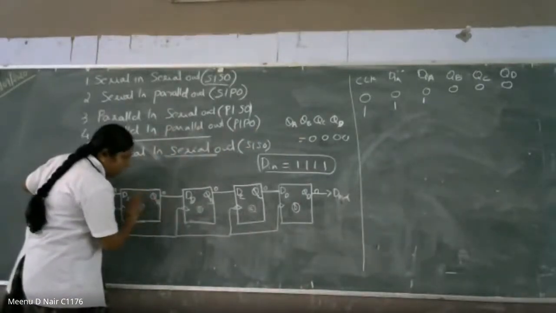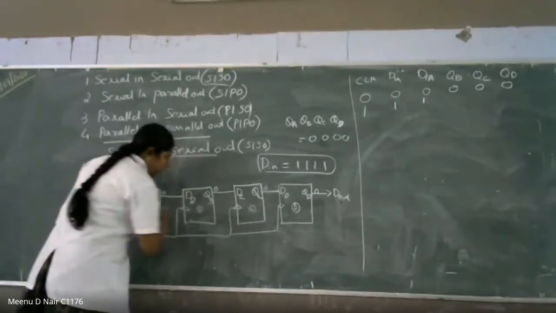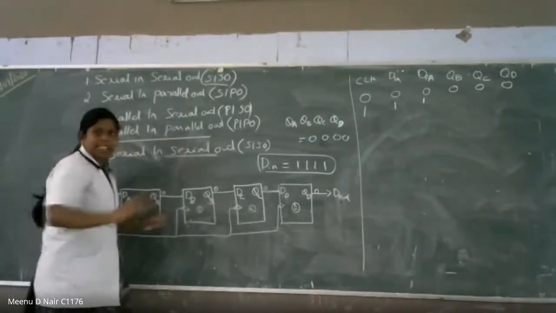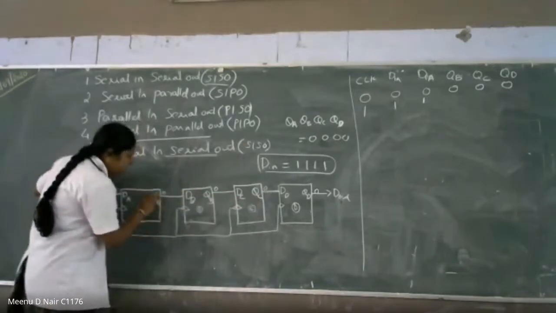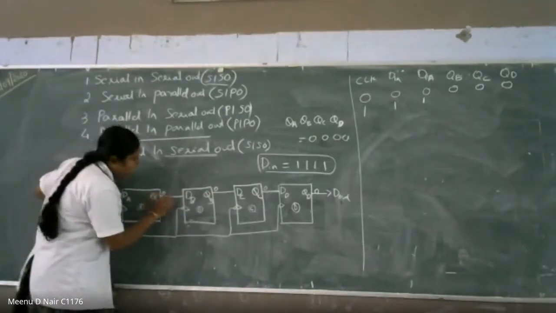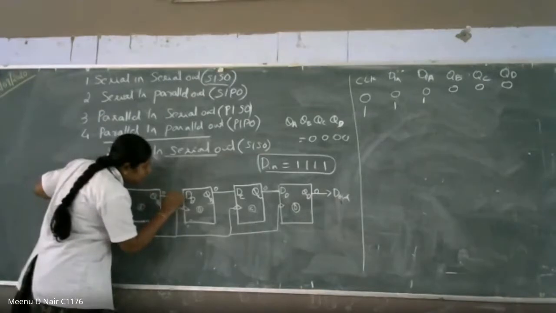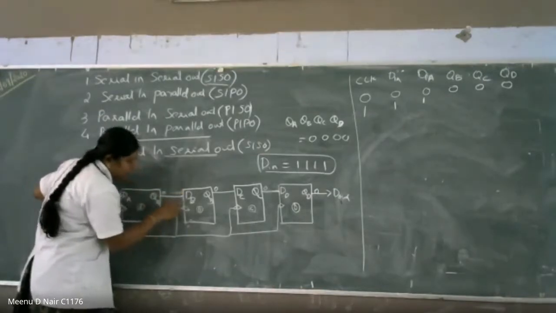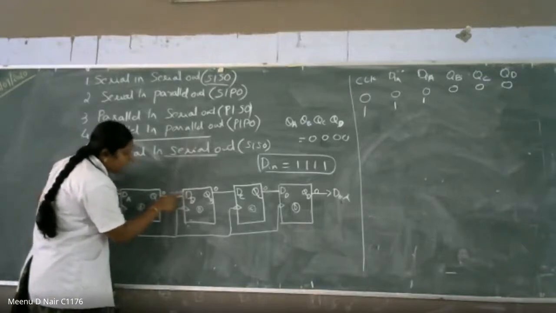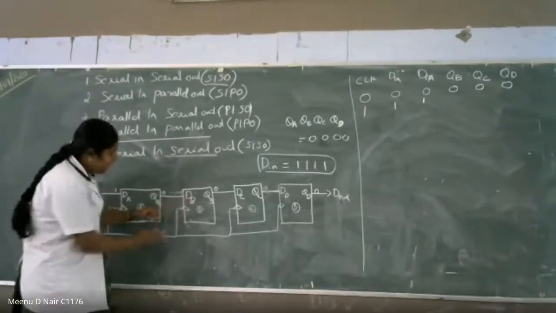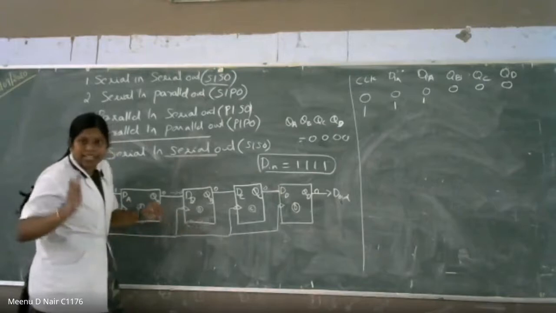But the clock pulse is given at the same time to all the flip-flops. Okay. So QA was 0 at first here. Again, this QA is transferred to DB. So DB is 0 only, right? At the same time, because everything is happening at the same time.